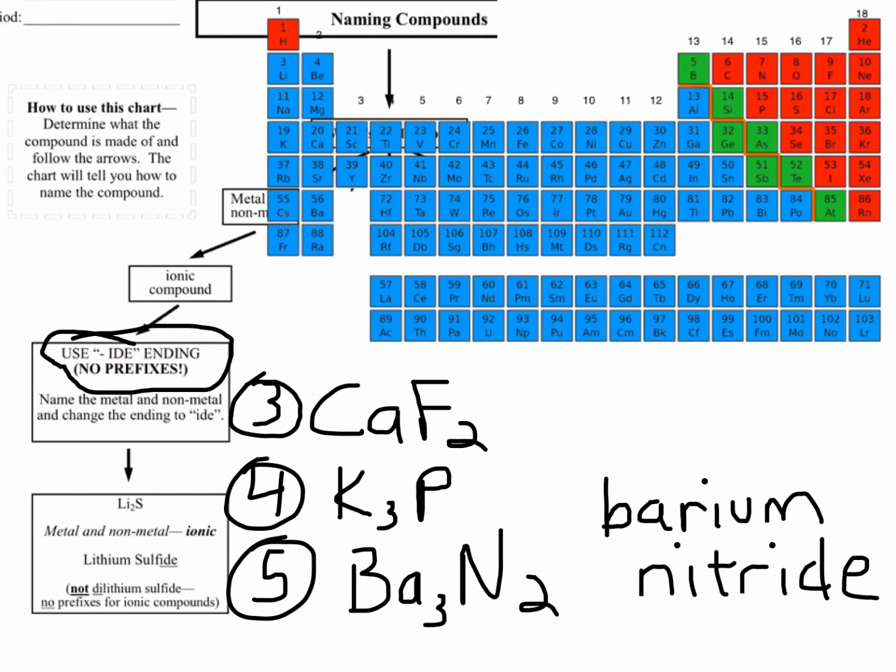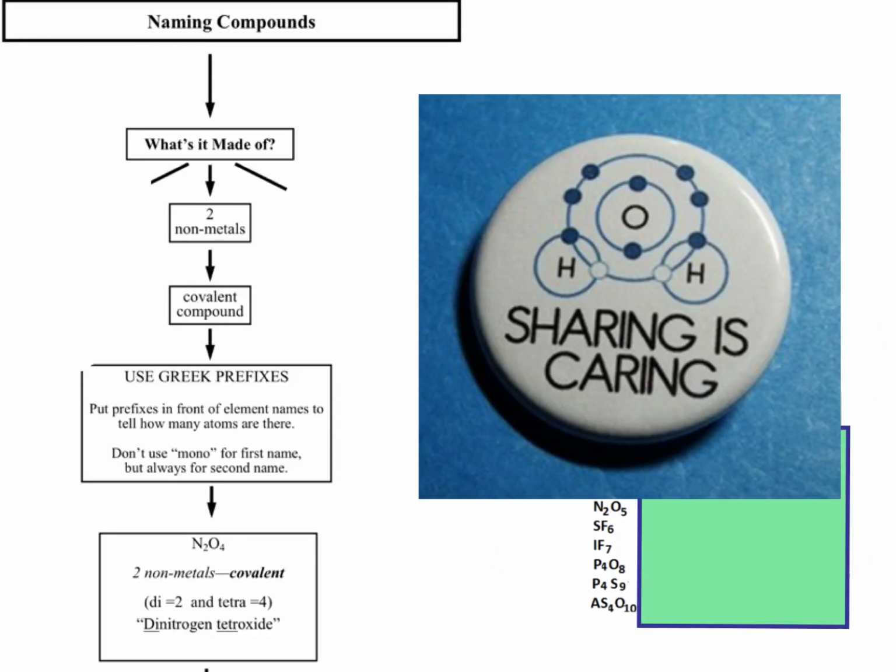This is really important to remember going forward because we often hear about nitrate. Nitrate has a different ending. It's a different type of ion. When we just see nitrogen by itself, that is nitride. We just put an ide ending on it. That's it. Barium nitride. We just name the ions for ionic compounds.